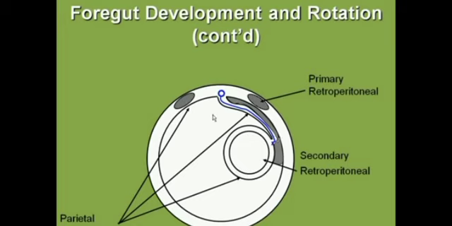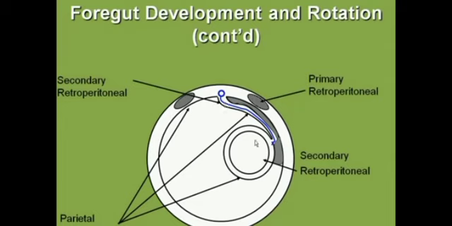Well, we can take this one step further. This blood vessel that's supplying this gut tube, we used to say it was in the dorsal mesentery and it had peritoneum on both surfaces. Well, now it doesn't have peritoneum on both surfaces because that's not peritoneum, so it only has peritoneum on one surface. It's behind that parietal peritoneum, so we would say that that blood vessel is secondarily retroperitoneal.